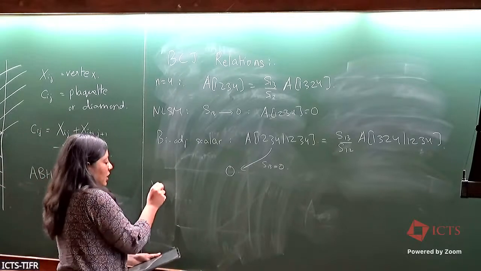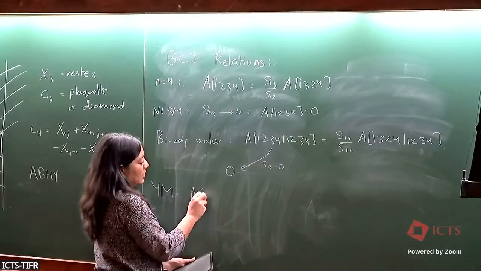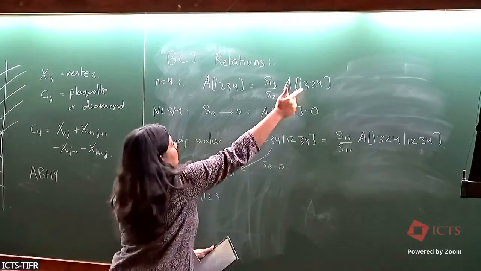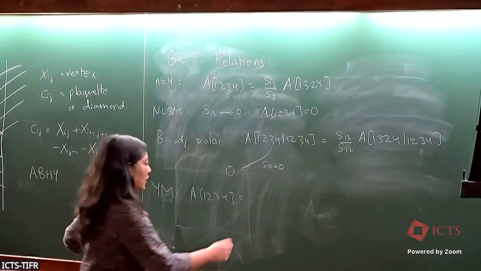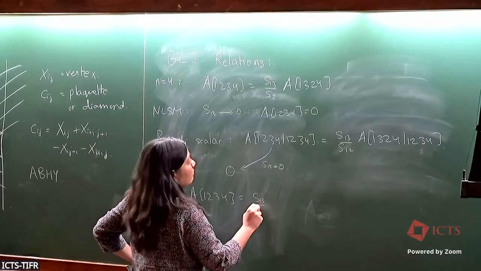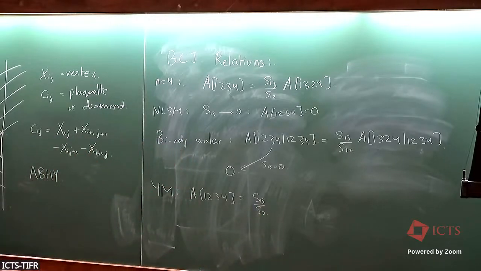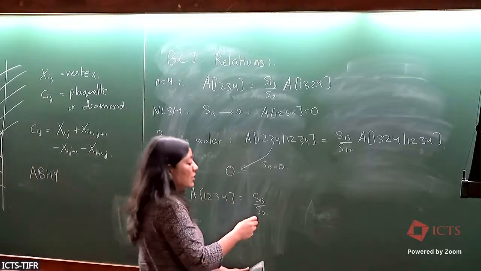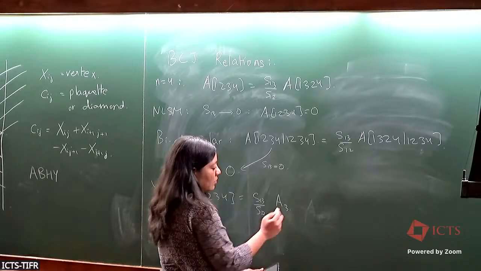Let's now look at Yang-Mills. Now, in Yang-Mills, you know there is a pole at S13 equals 0. There are 3-point interactions, and we saw in my previous lecture that those 3-point interactions are very important. They give you on-shell diagrams, etc. So there's definitely a pole, but you know exactly what happens on the pole.